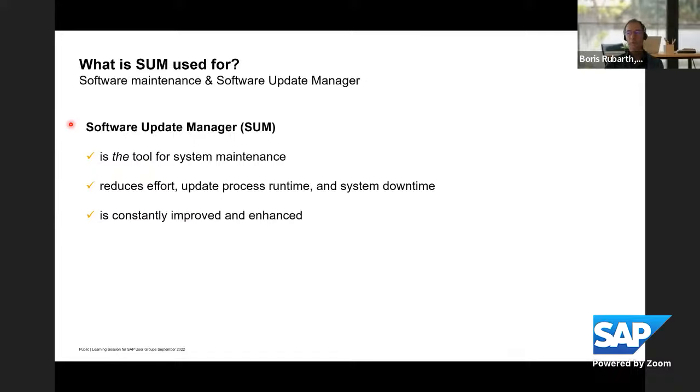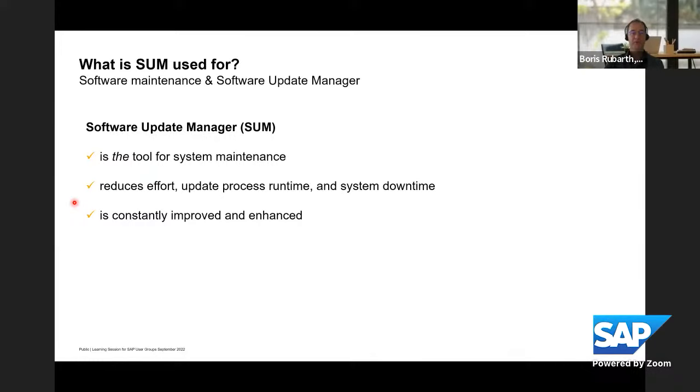The third bullet point here is that the tool is constantly improved and enhanced. So, well, that's the kind of advertising for the tool with some nice statements, not really explaining what the tool is and what we see as maintenance. What is a maintenance? We will elaborate on this part in the following sections as well.